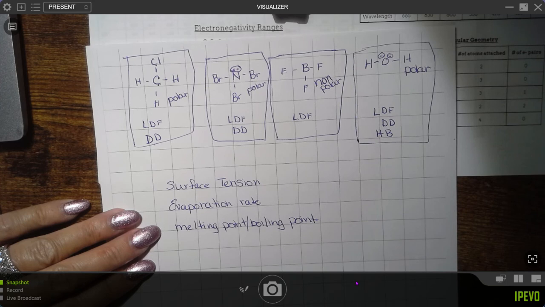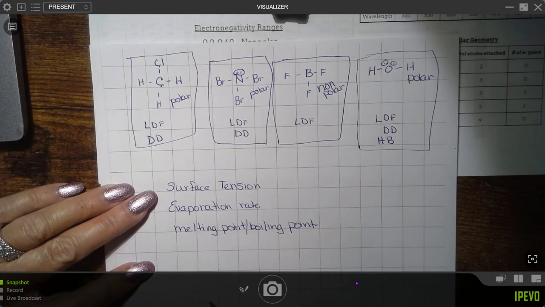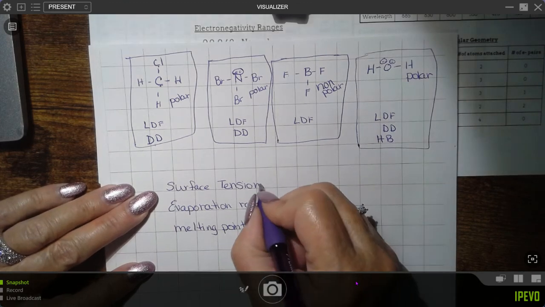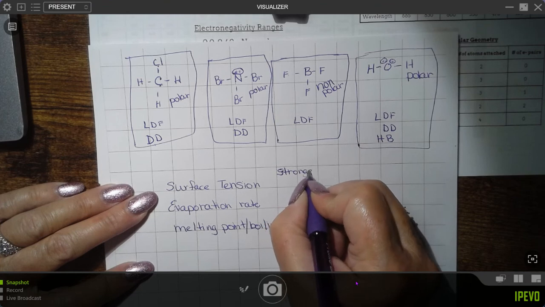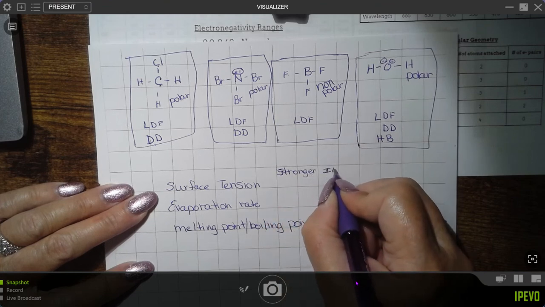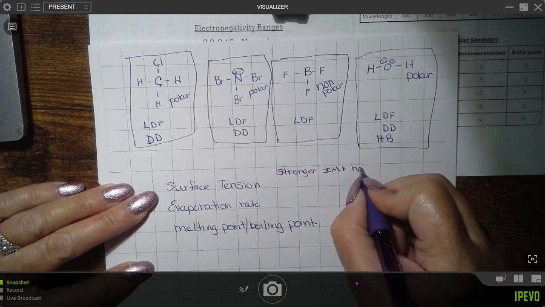So surface tension, remember we talked about surface tension? I showed you the little water bug that just scoots across the water because water has such a high surface tension. So the stronger IMFs have greater surface tension.